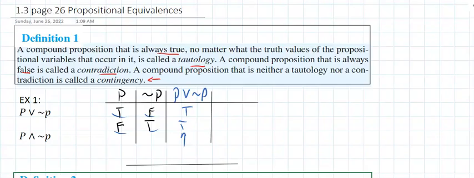If I look at P and not P, so both statements must be true, since one of them is false, this is a contradiction. So that's always how it works.